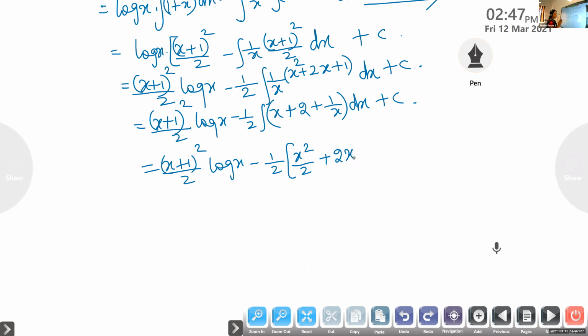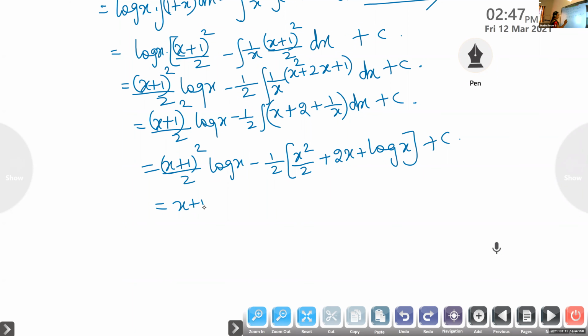What is the integral of 1 by x dx? Log x plus c. If you want, we can open the bracket again.